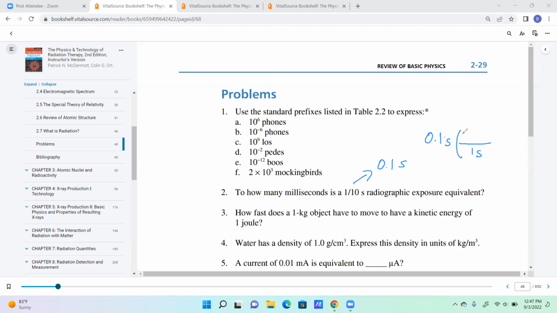We know there are 10 to the 3rd milliseconds in 1 second, which is the same as saying 1,000. So the seconds cancel, and we have essentially 0.1 times 1,000. So we should end up with 100 milliseconds.